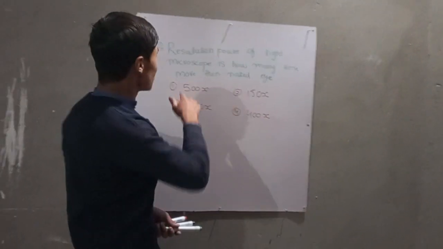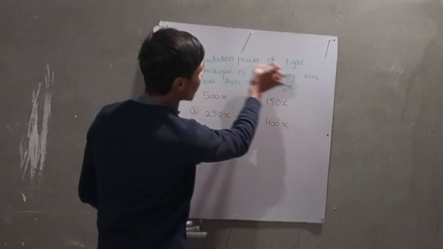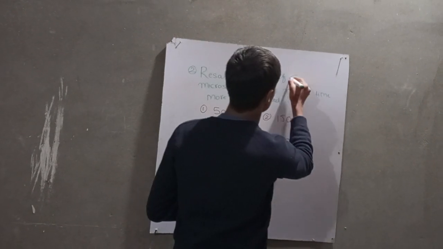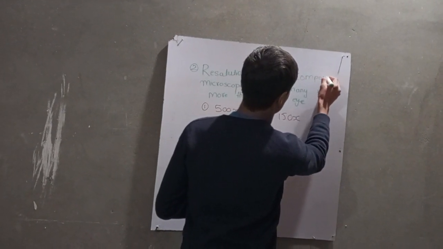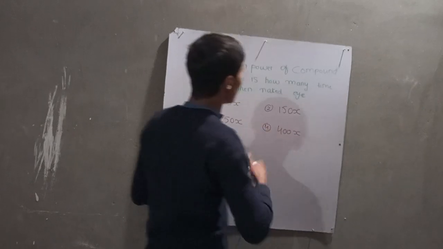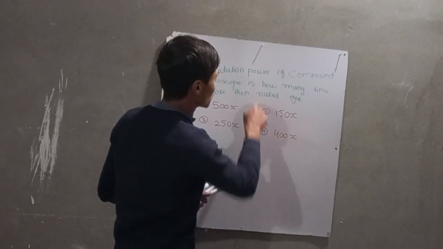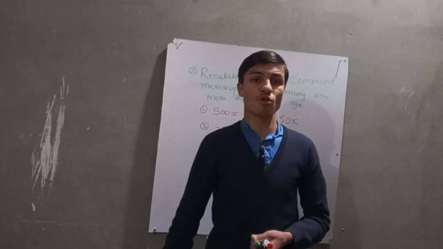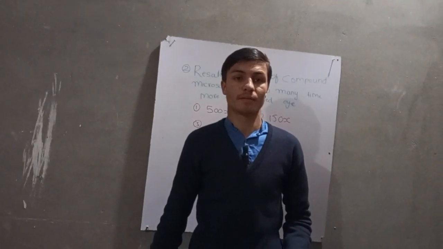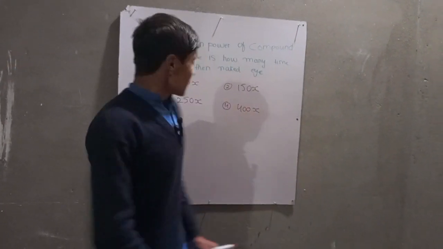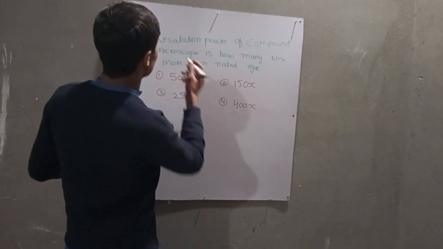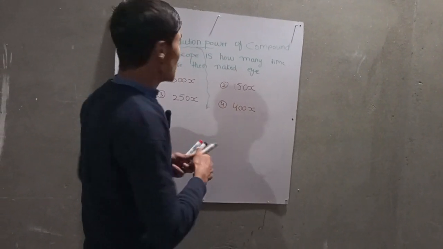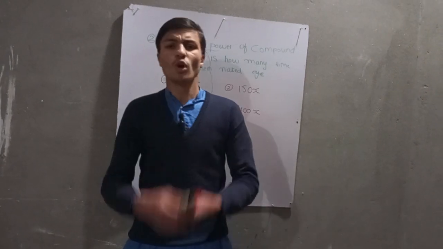MCQ number 2: the resolution power of compound microscope is how many times greater than the human eye. First of all, we discuss what resolution is. Resolution means the ability of the microscope to show two objects separately.